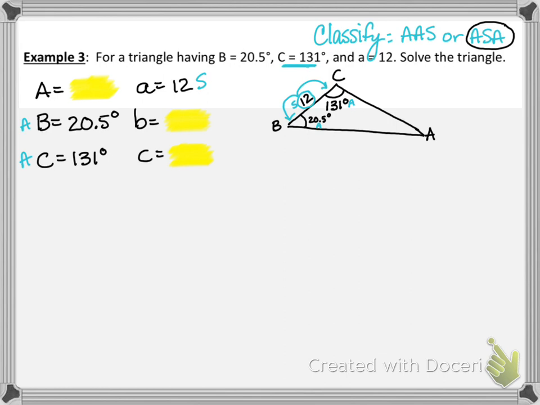we have two angles, let's just get the easy stuff out of the way and solve for that missing angle measurement. So capital A, I'm going to come over here to the right. Capital A is going to be 180 degrees minus the 20.5 degrees minus 131 degrees equals, and what do we get there when we solve that?